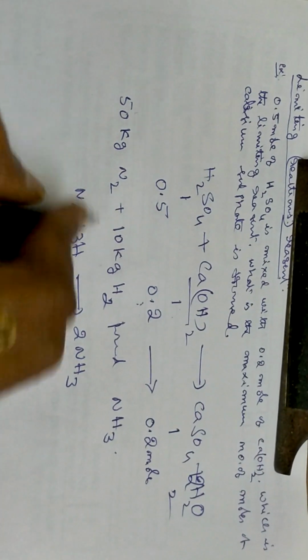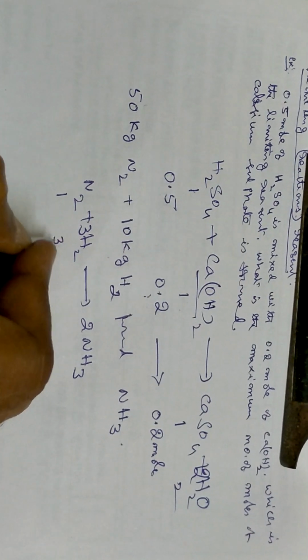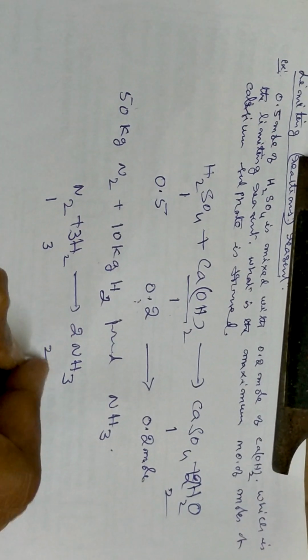Now, 1 mole of nitrogen and 3 moles of hydrogen give 2 moles of ammonia.